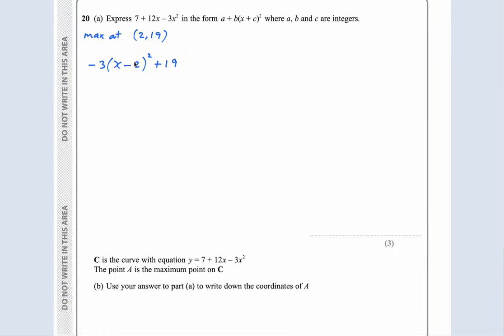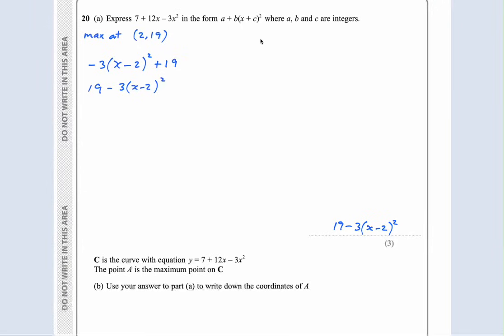That's the answer. That's how you get it. And of course, you can write this as 19 minus 3 times x minus 2 squared, which is the correct answer, which is what they want. So this is 19 minus 3 times x minus 2 squared. Right, that's definitely the easy way.